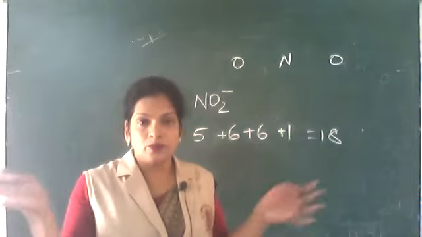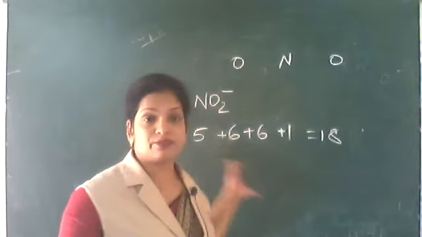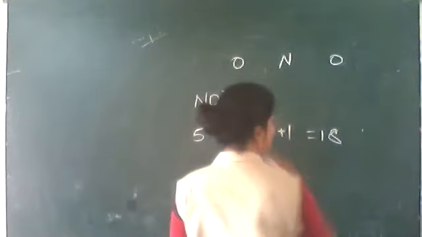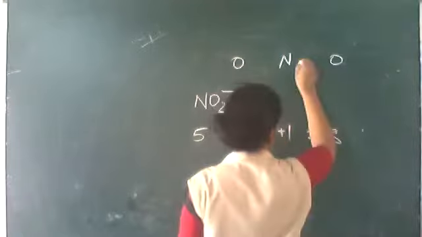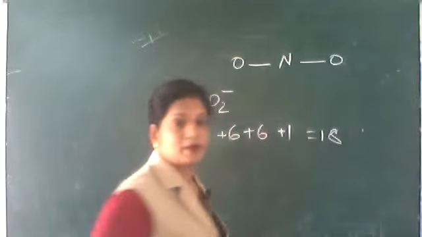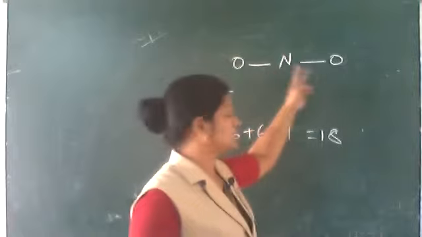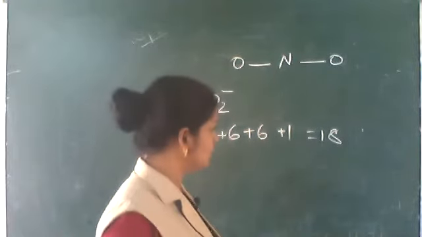Like charges don't like each other, so they stand far apart. Anyway, one species is formed, so minimum one bond should be there. So I am putting one bond here, one bond here. One bond means 2 electrons. So 2 electrons, 2 electrons over.